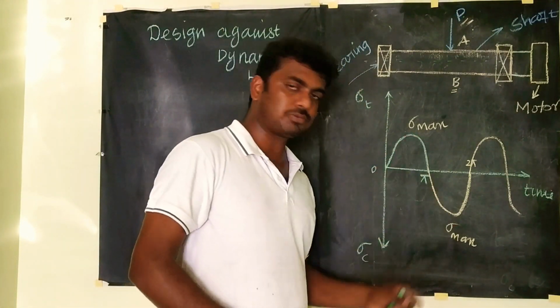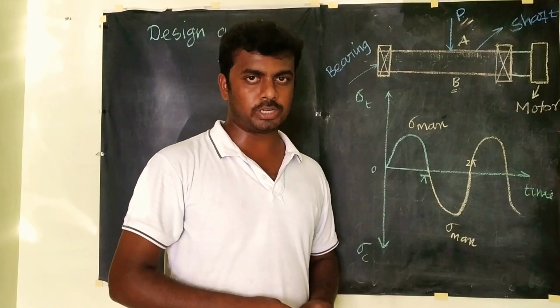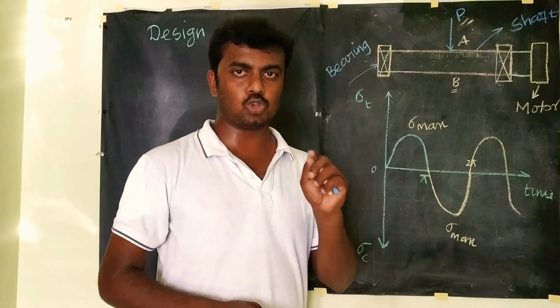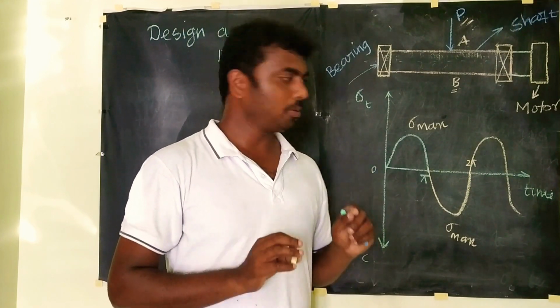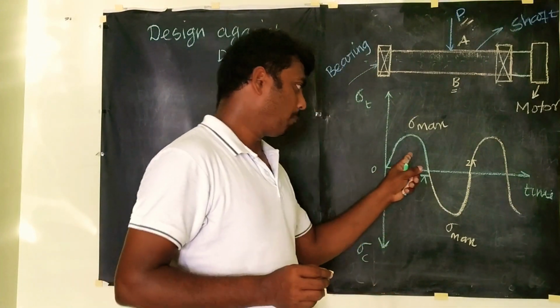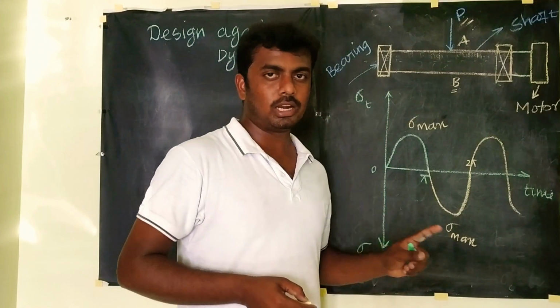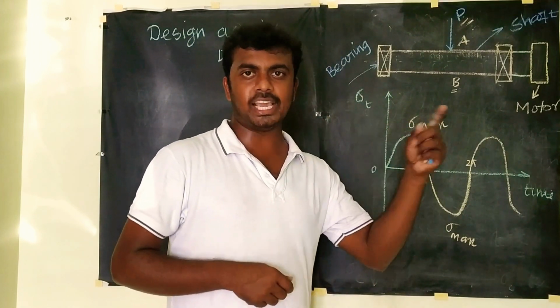This stress value in megapascal does not change with respect to time. It means that there is no change in magnitude. But in half of the revolution, the point B carries compressive stress, and in the remaining half, it carries tensile stress. It means a change in direction.